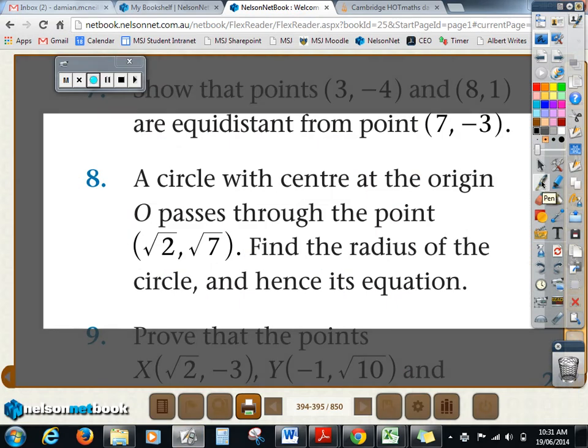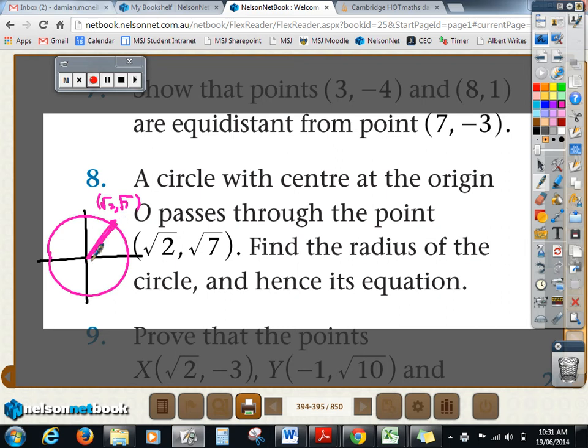This means that we've got a circle over here, centred at the origin, and it passes through root 2, root 7, up here on this point. So therefore, that length there would be the radius.